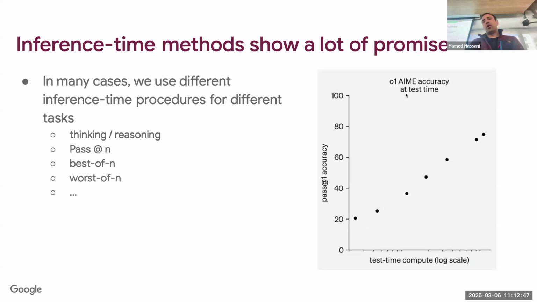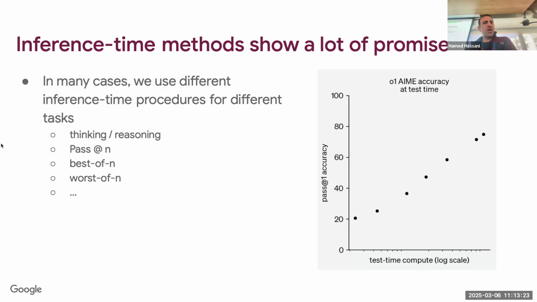This plot is from OpenAI, from the old one. What they're showing is that if you do more compute at test time, which may be a complicated thing, you may generate reasoning traces, you may generate multiple responses, have a judge pick one of them or reason through those responses and pick one, then as the amount of compute increases, you can increase your accuracy.